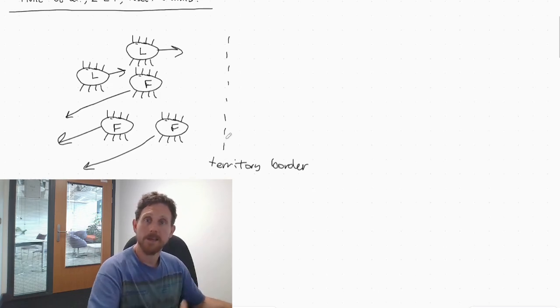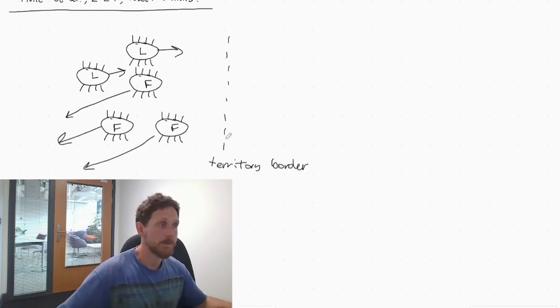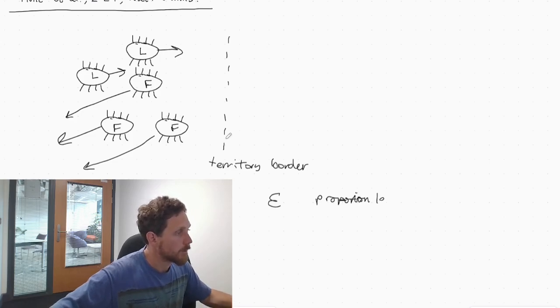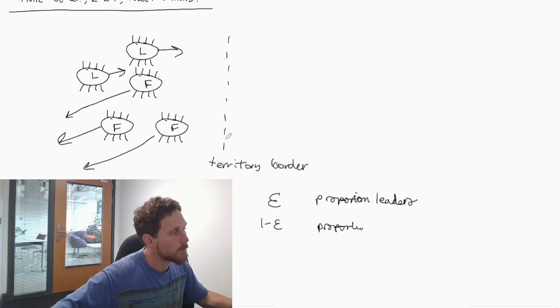Well, before I get into that, it's best to go through a few new parameters with you. We've got epsilon, which is the proportion of leaders, and then 1 minus epsilon, the proportion of followers. What else?